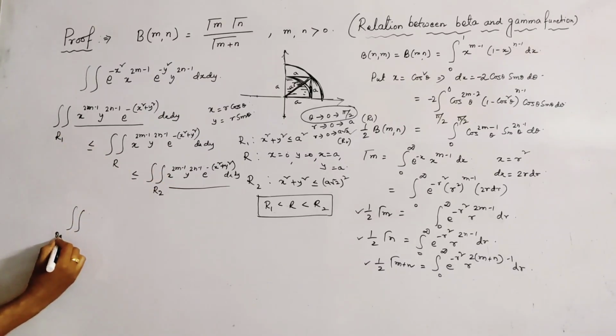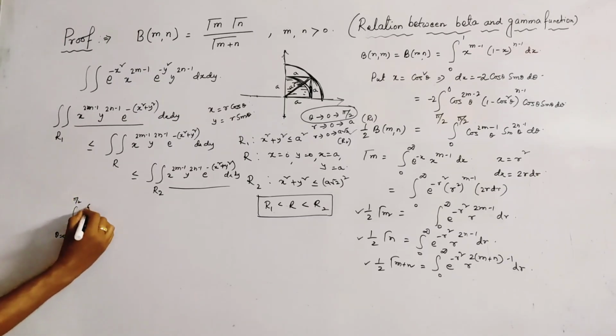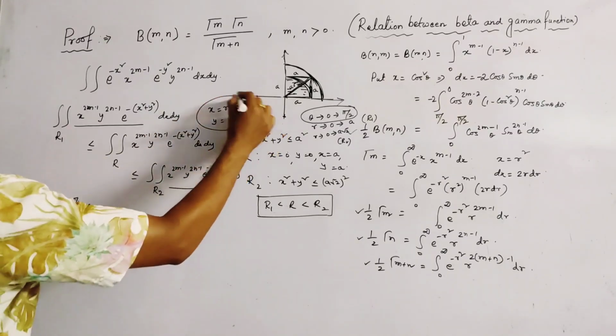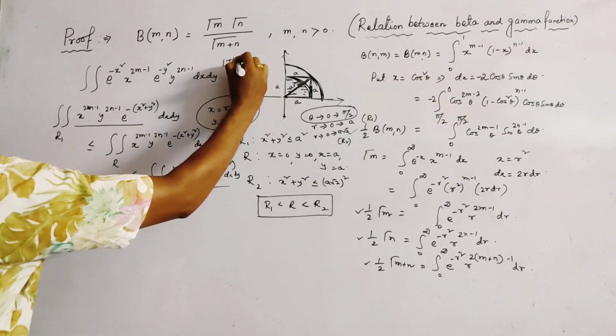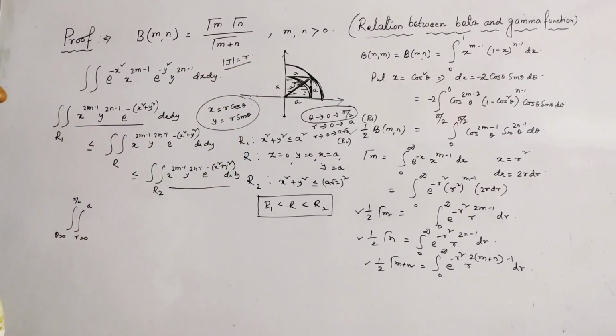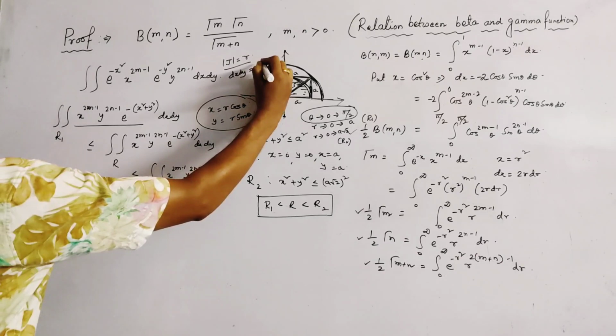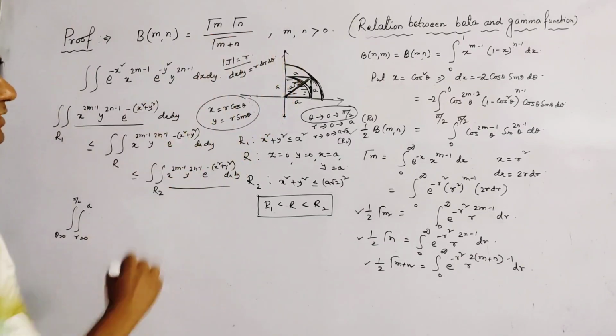Now we write any one of them because they are alike. This is theta equal to 0 to pi by 2, and r equal to 0 to a. We know that for this transformation the mod Jacobian is r, and dx dy is equal to r dr d theta.